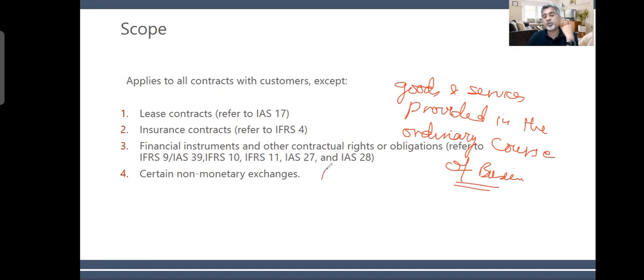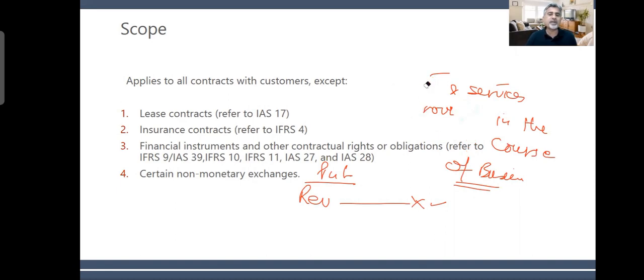So remember, in your P&L, in your income statement, the first line is called revenue. And what do you write down in revenue? You only include the economic benefit which you are receiving by providing the goods and services in your ordinary course of business, which is your core activity.